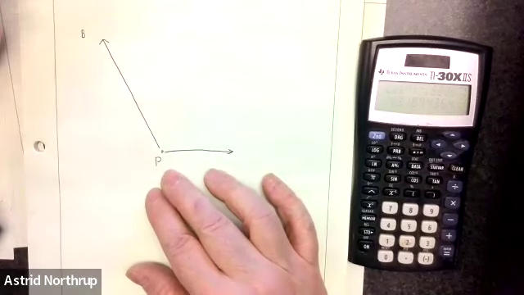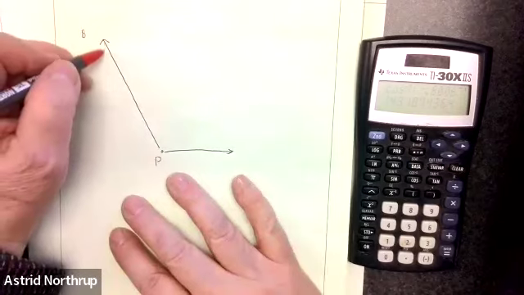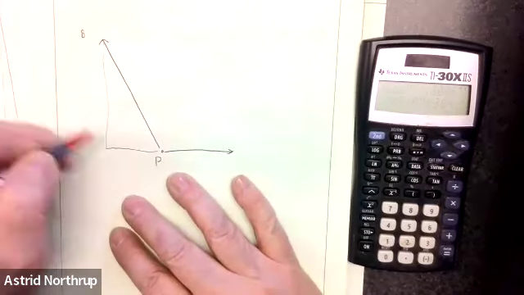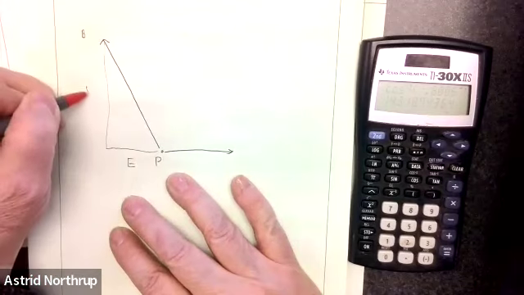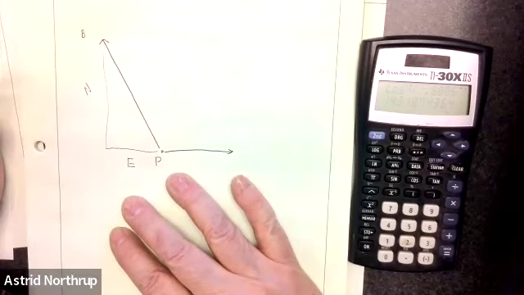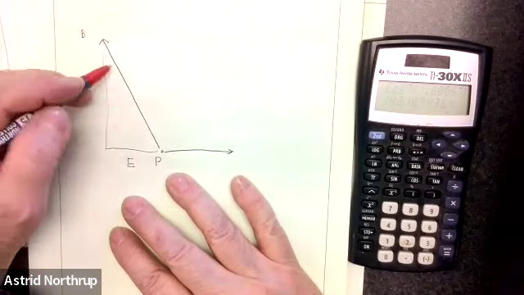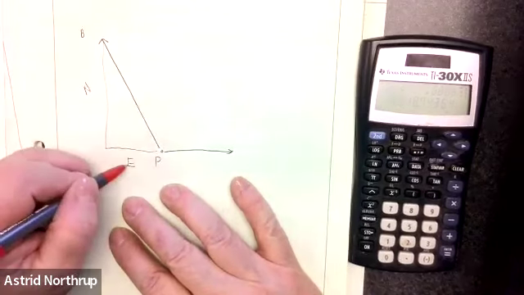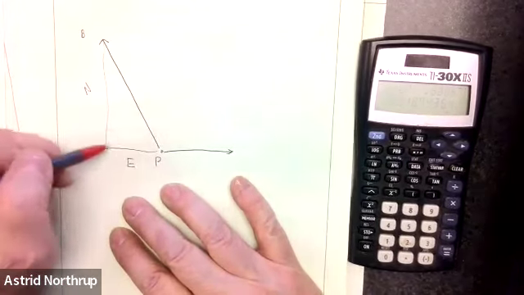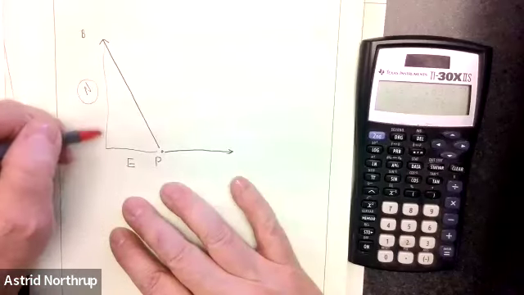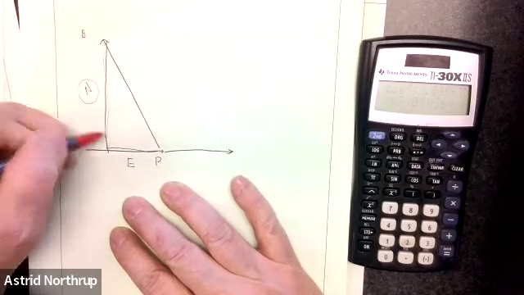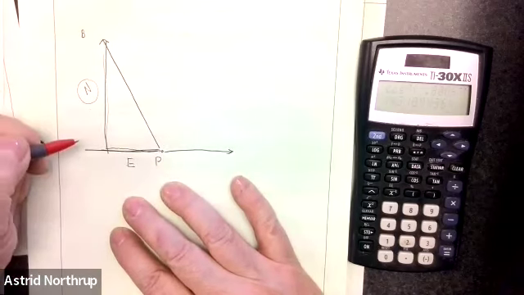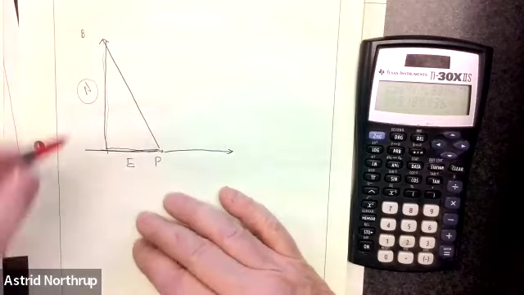And you know that you're going to go a certain distance to the east and a certain distance to the north. You can think of that as being the legs of a triangle, or you can think of it as saying I draw a perpendicular from my east and go up. So I can say I go so many miles north and so many miles east. So that's one way to think about it.